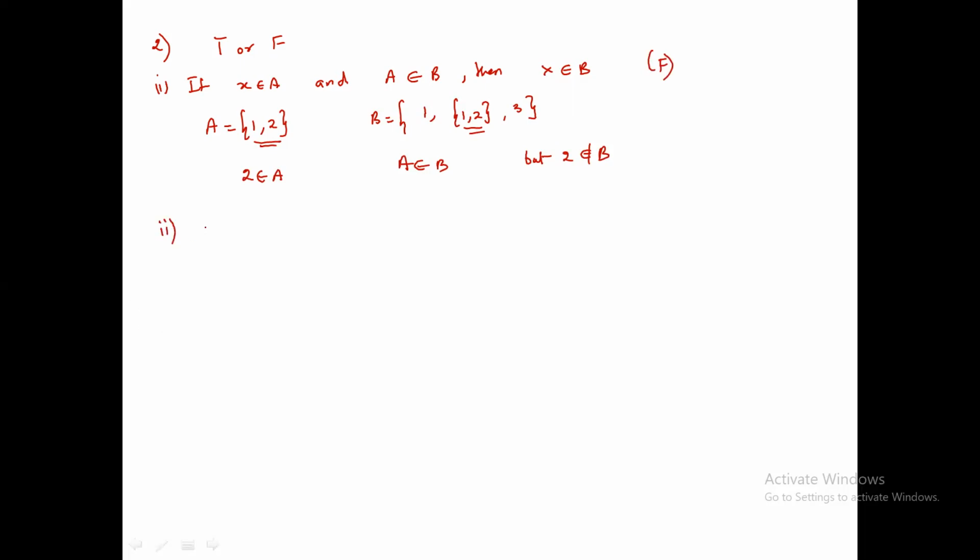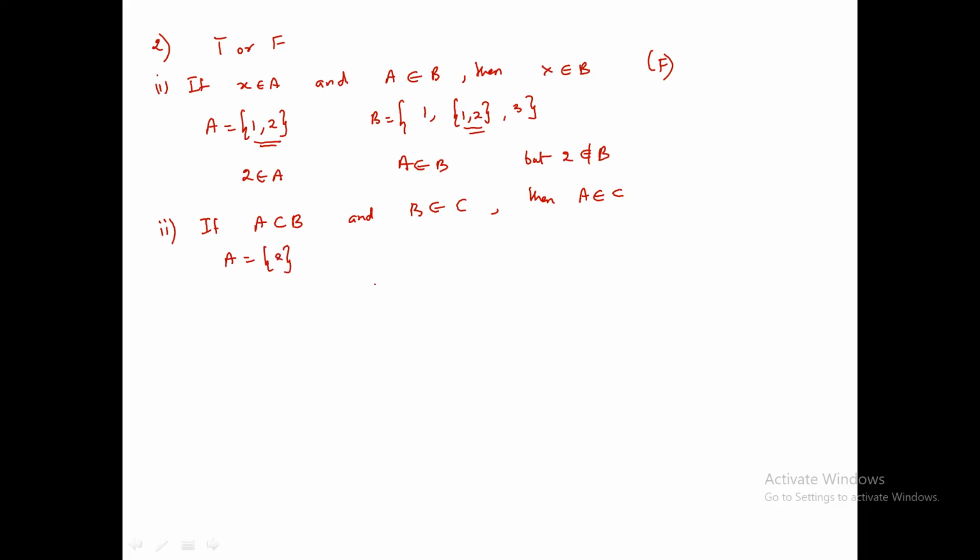Let's go to the second one. If A is a subset of B and B belongs to C, then A belongs to C. This is what we have to prove. I will say this is also false. How? I will take A as {2}.